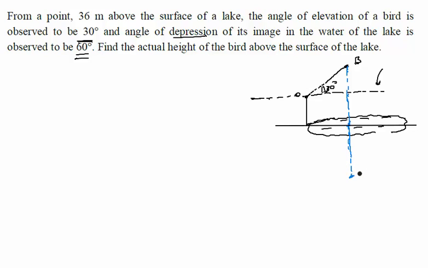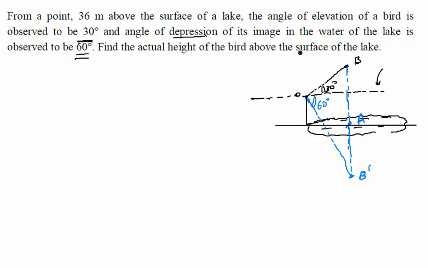Let us call this B dash, as it is the image of B in the lake, and let us call this point A. Now, what is given? The angle of depression is 60 degrees. So if you join O and B dash, then the angle with the horizontal is equal to 60 degrees. This is the data which is given to you.